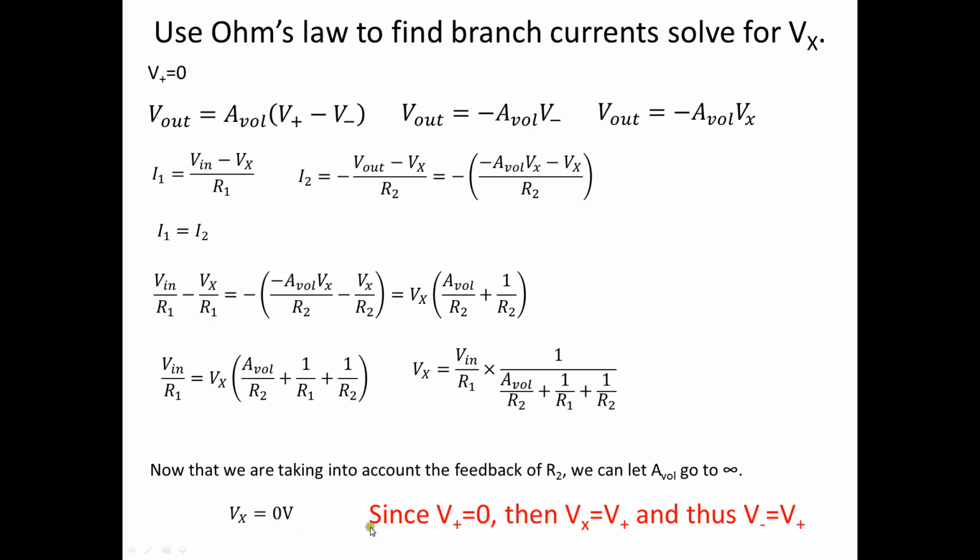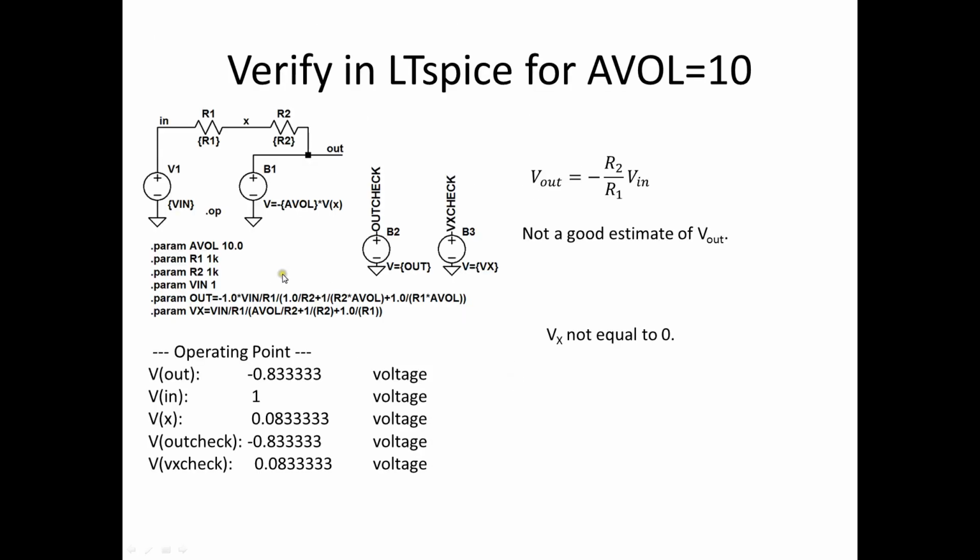So if V plus equals 0, then Vx equals V plus, and thus V minus equals V plus, because Vx was equal to 0. Now you can use that Vx to calculate what the Vx would be if the open loop gain were 10 or 100 or 100,000 as opposed to infinity, which we can do in LTspice.